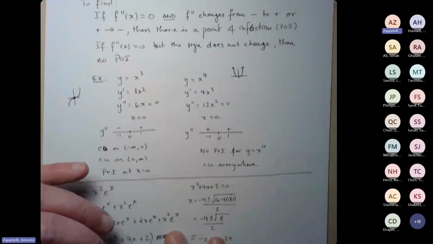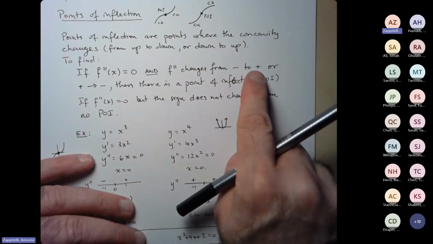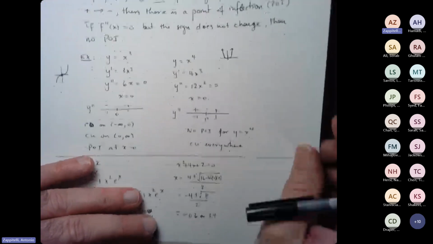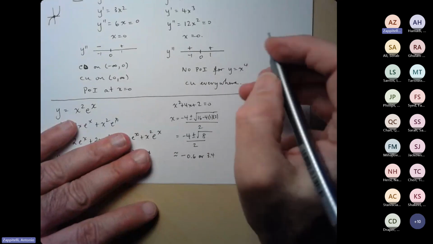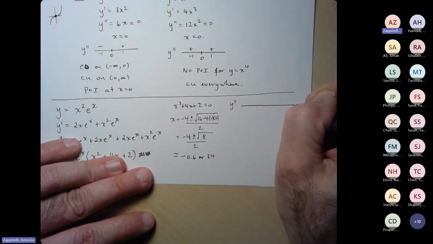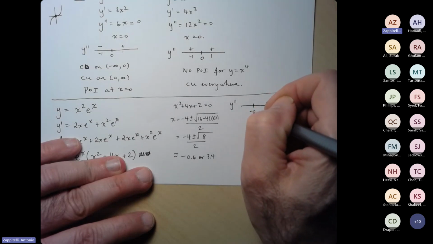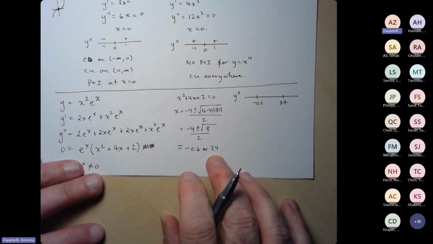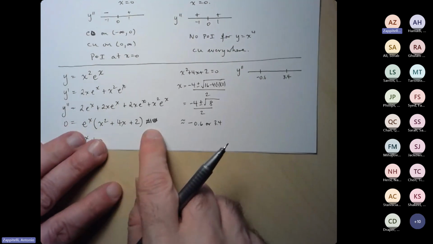Remember, we have to look at the sign of the second derivative. We have to see if the sign changes or not. So now I'm going to take my second derivative and create my number line with negative 0.6 and 3.4. And I'm hoping we remember the trick that I showed you before.